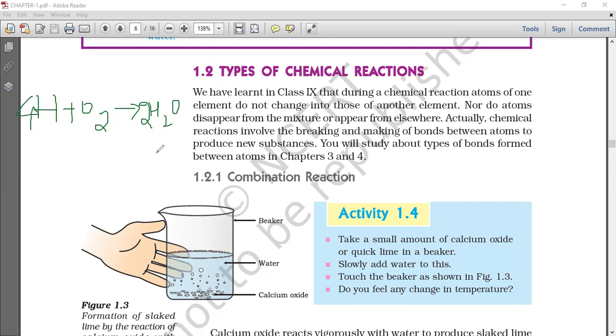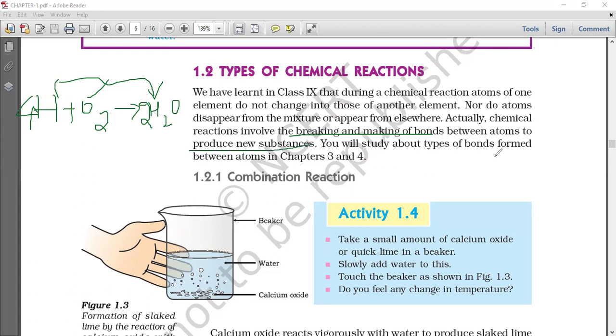Sometimes a reaction breaks the bond between atoms, sometimes it makes a bond. Here hydrogen is separate and oxygen is separate, and after the reaction they make bonds, and a new substance is formed, called water.